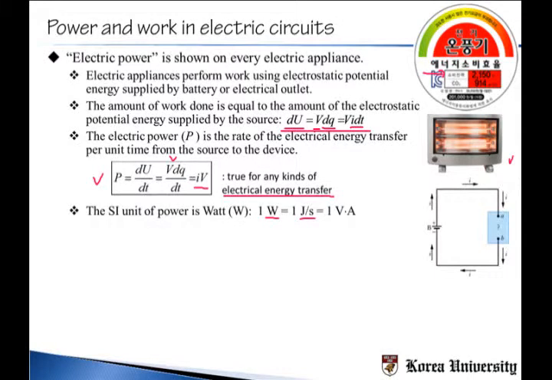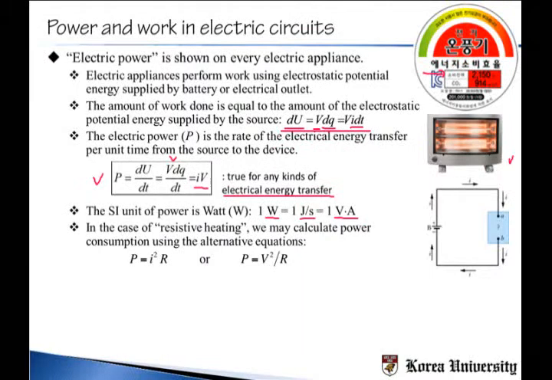And we have just seen that power is equal to current multiplied by the potential. So therefore, joule per second actually becomes equivalent to the volt multiplied by ampere. Okay, these two are the same. And then one important thing to mention. In the case of resistive heating, we may calculate power consumption using alternative equations like these two here.